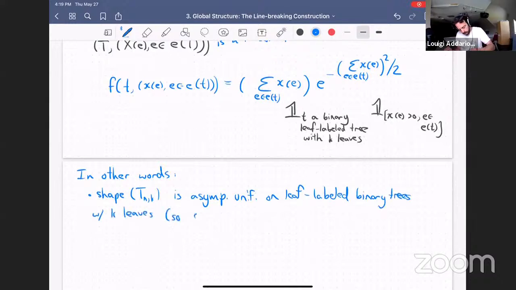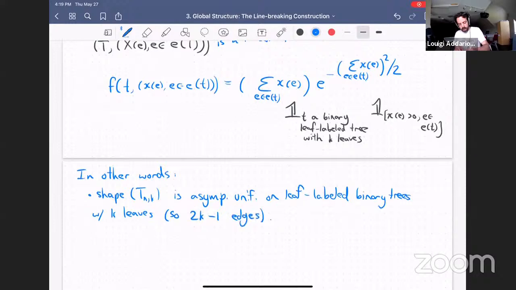And so that in particular means 2k minus 1 edges. Maybe I should say one thing, because otherwise what I'm writing right now will be a little bit confusing.